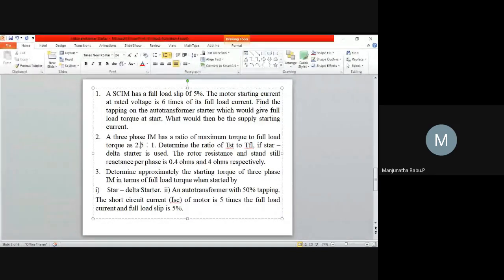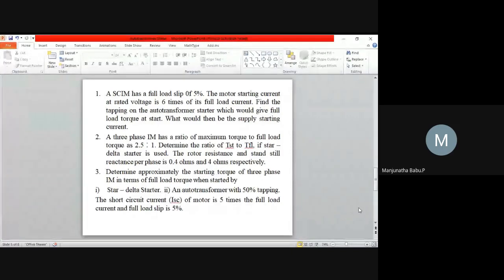Any doubts with respect to this numerical? So by using star delta, starting torque is equal to 41.66% of full load torque. By using auto transformer starter, the starting torque is 31.25% of full load torque.